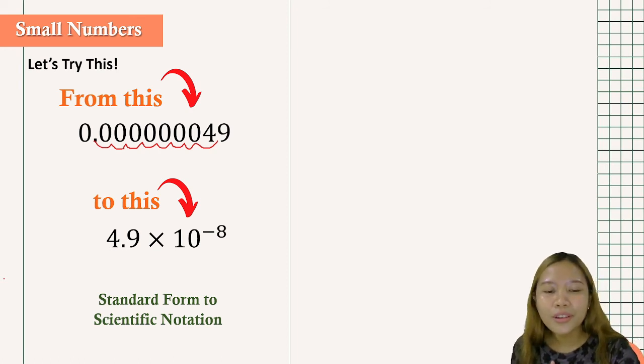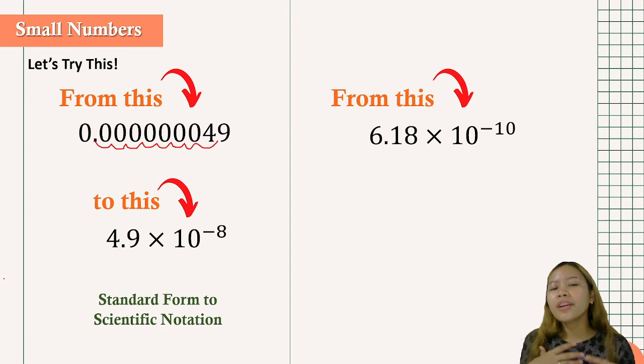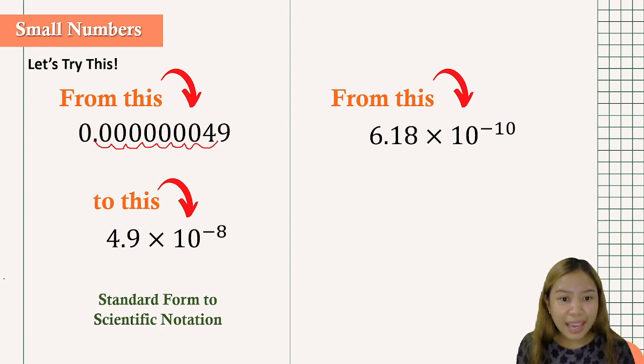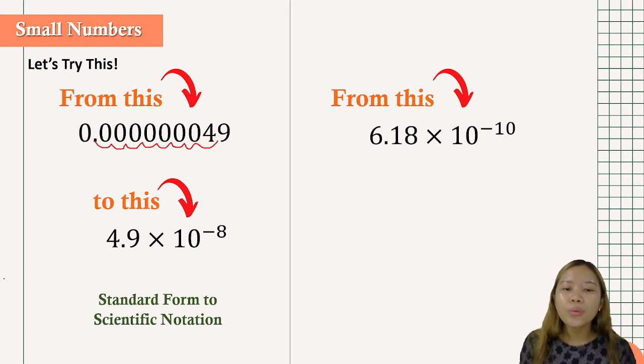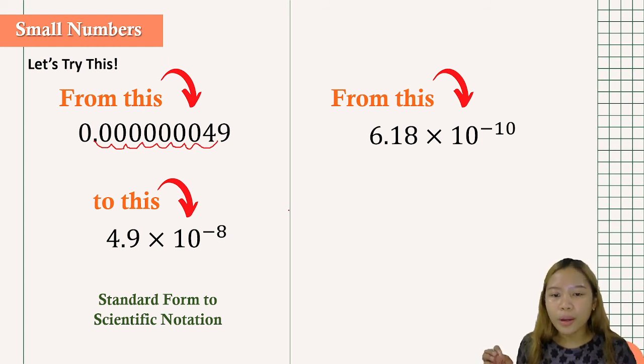Now, let us have another example. We have here 6.18 times 10 to the negative 10. Okay, so this is scientific notation. Since it is in scientific notation, we will convert it into standard form. Okay, so we have here 1, 2, 3, 4, 5, 6, 7, 8, 9, and 10.